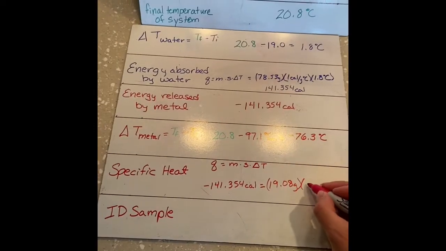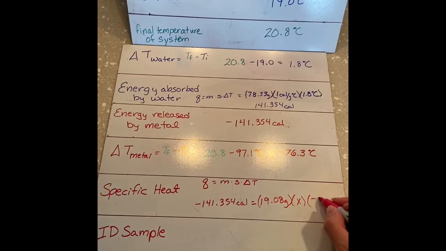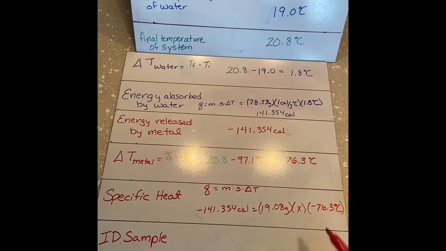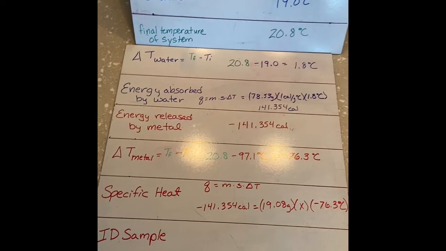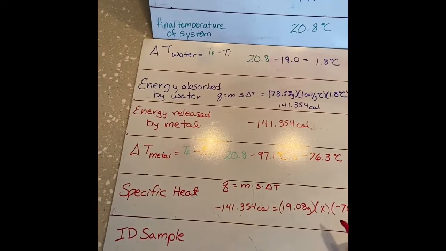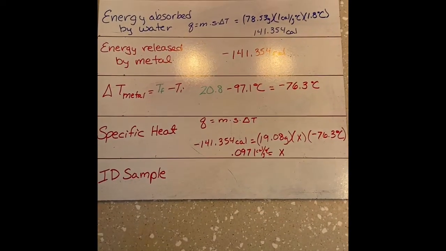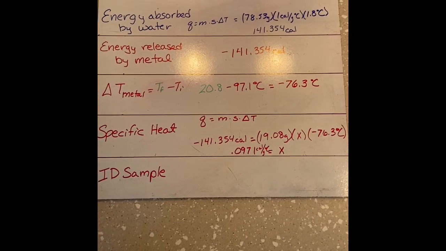We do not know the specific heat, that's what we're looking for, and we know it went through a temperature change of negative 76.3 degrees Celsius. A negative and a negative will cancel, and the specific heat will be positive. Specific heat always has to be a positive value. So our specific heat comes out to 0.0971 calories per gram degree Celsius.